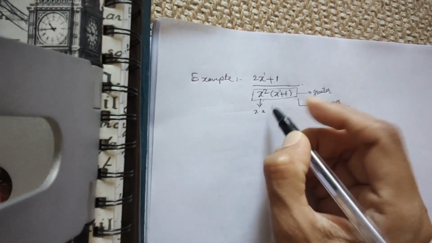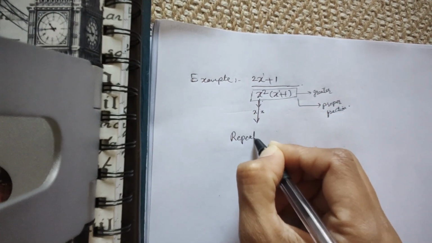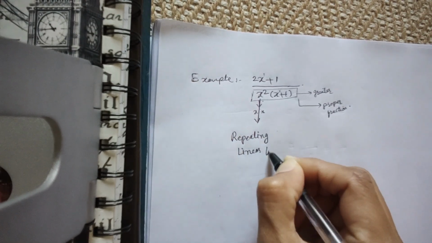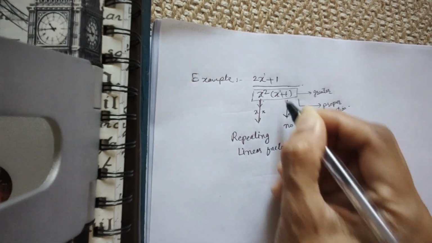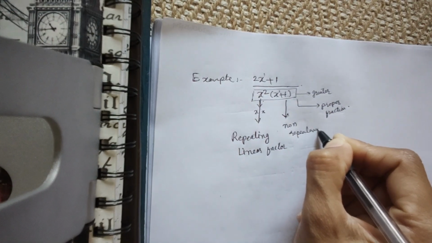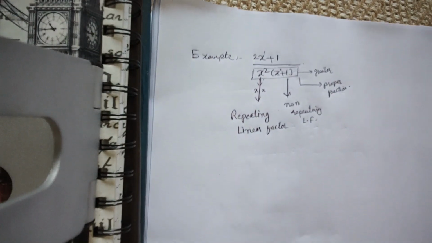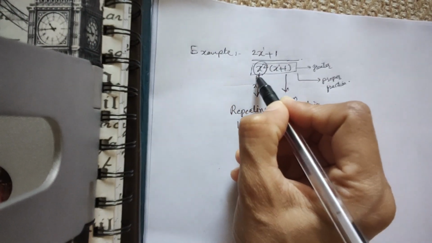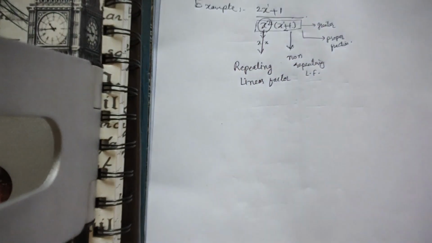That's why it's a repeating linear factor, and x plus 1 is a non-repeating linear factor because it occurs only once. So how do we resolve this? We resolve this using case 2, the second case that we discussed, and this one is case 1. So now I'm solving it.